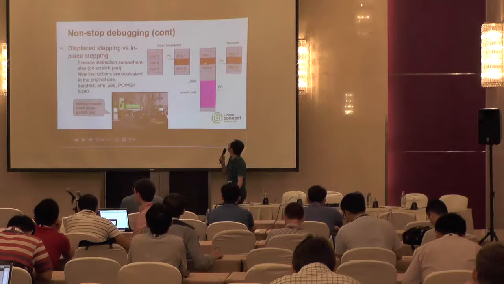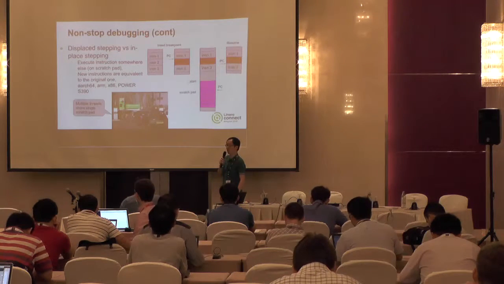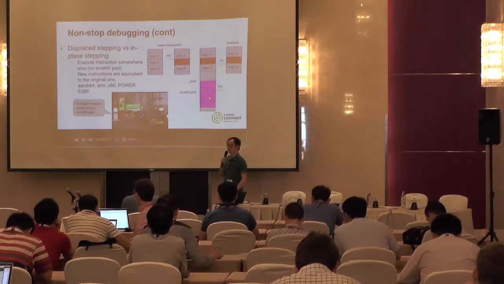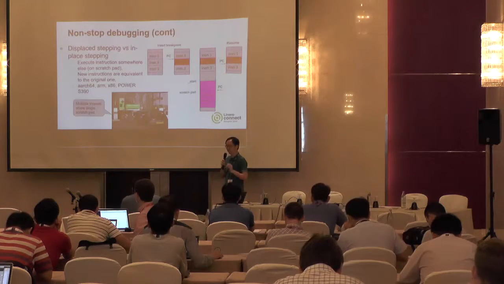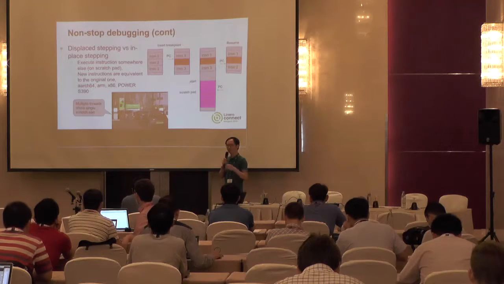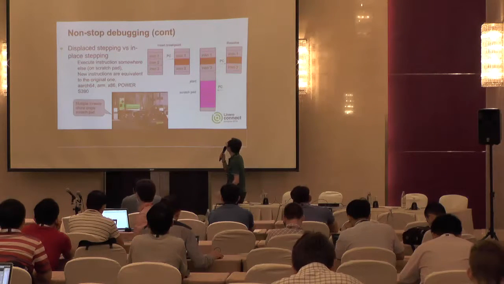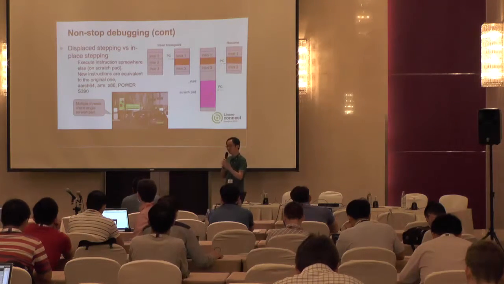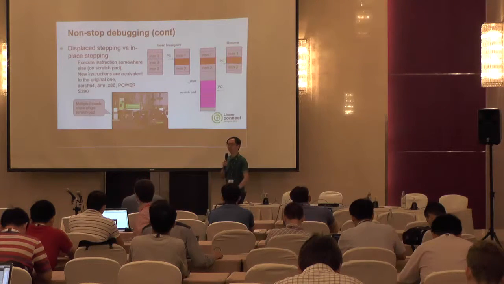Say here is instruction 2 at this place, the breakpoint on instruction 2 is still there, but we move instruction 2 somewhere else to execute it, making sure the effect of that instruction execution is still the same as the original one. In this way, since the breakpoint is always inserted in the program, we don't have to worry about other threads going through this area without hitting the breakpoint.